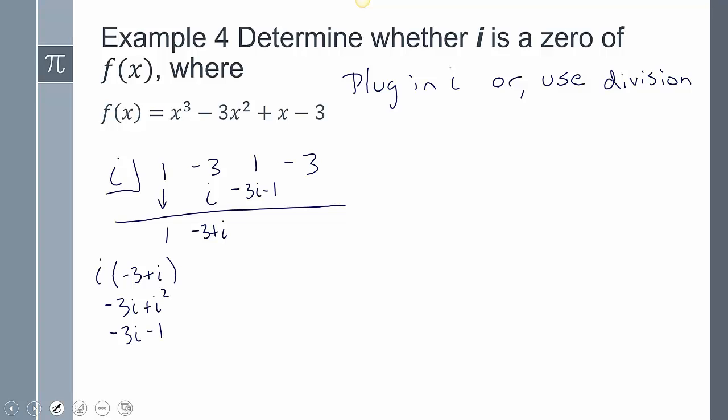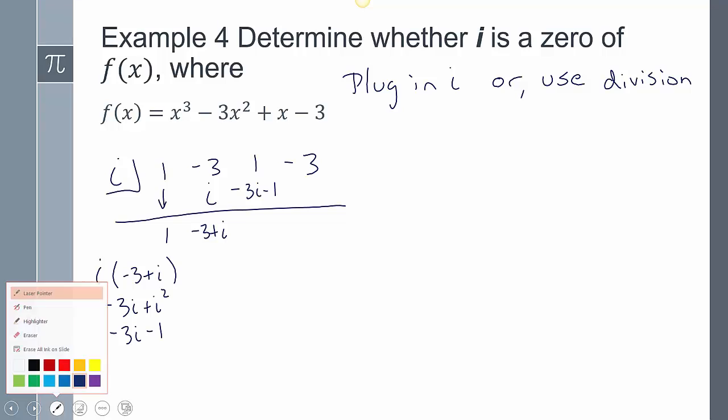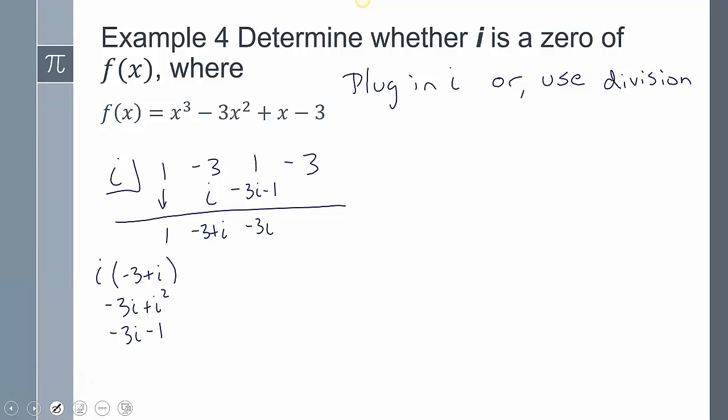Now add. When you add, the positive 1 and the negative 1 cancel out, and you're left with -3i. Now multiplying again, -3i times i, you get -3i squared, which is -3 times -1, which is positive 3. Add straight down, and I got 0, so therefore i is a 0.